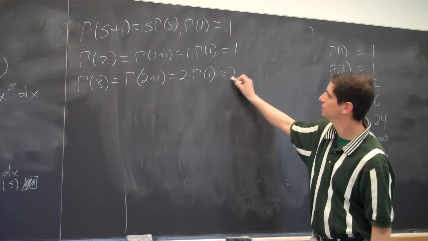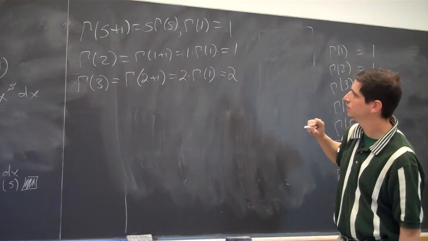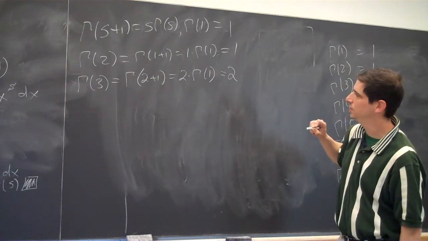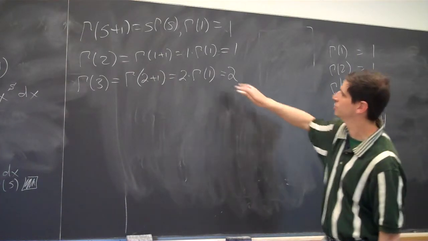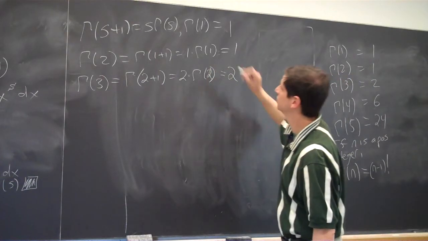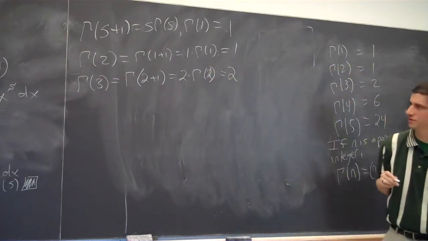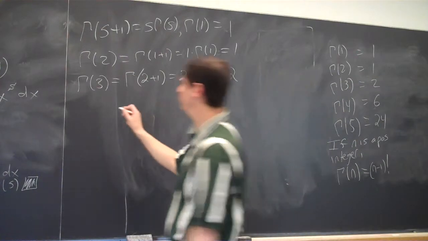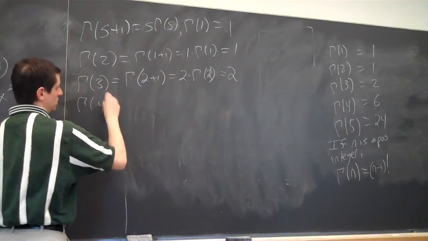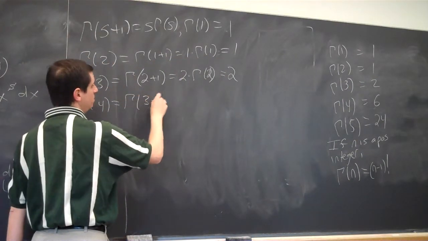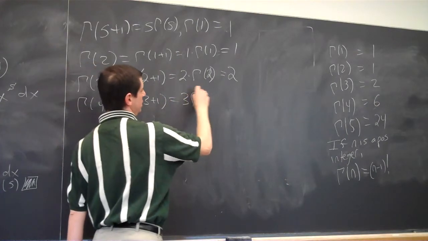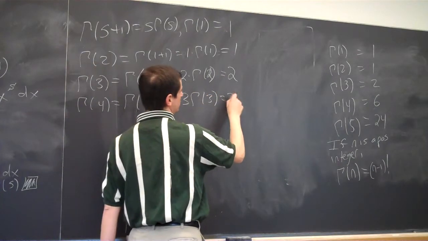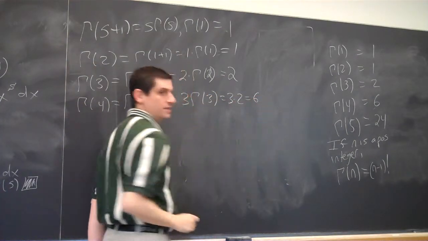It should be 2 gamma of 2, thank you. Gamma of 4 would be gamma of 3 plus 1, which is 3 gamma of 3, which is 3 times 2 is 6.